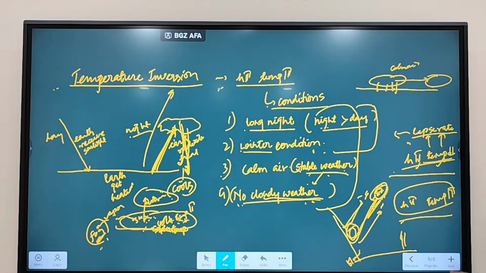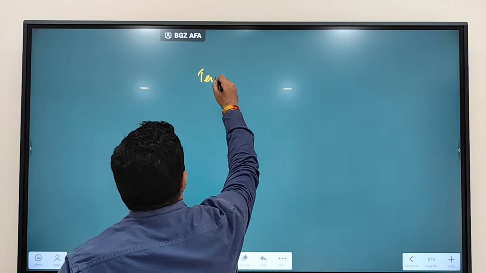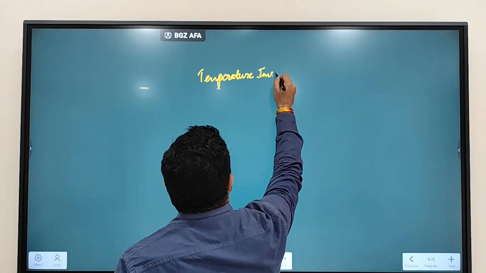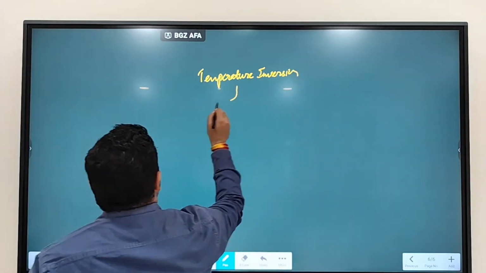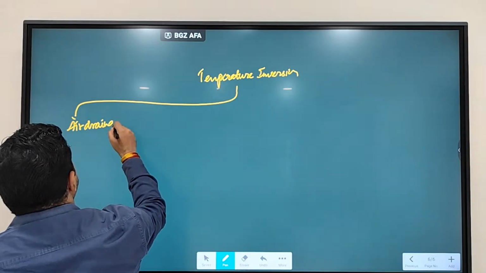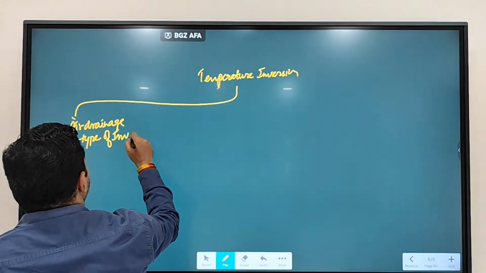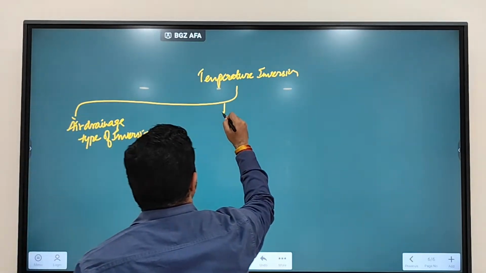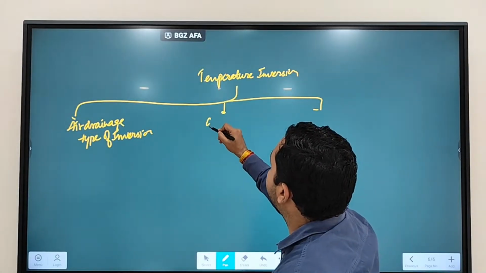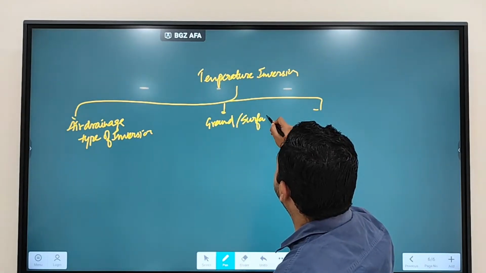Fine? Any doubt? Now there are three types of temperature inversion. Broadly, we have three different types of temperature inversion. They are called the air drainage type of inversion, or the ground or surface type of inversion.